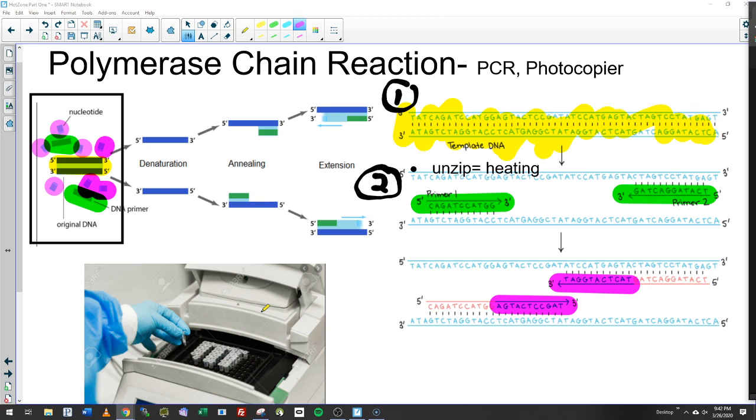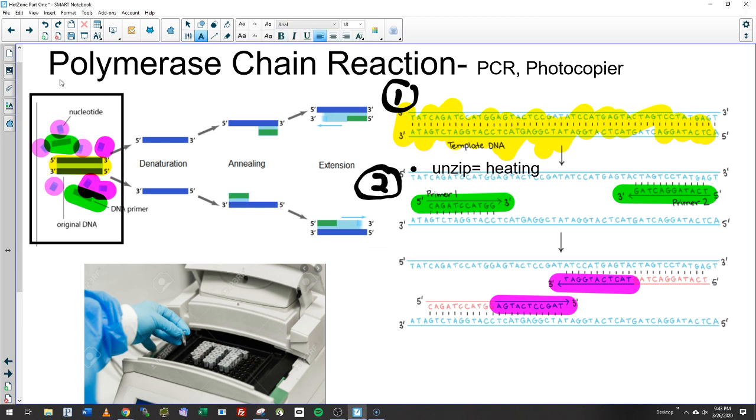But it needs to be heated to about 60, 70 degrees Celsius, and normal human body temperature is about 36, 37 degrees Celsius. That's almost twice as hot as normal human body temperature. Not hot enough to break the backbone, but hot enough to split the DNA. So you need a very, very special DNA polymerase in order to make this happen.